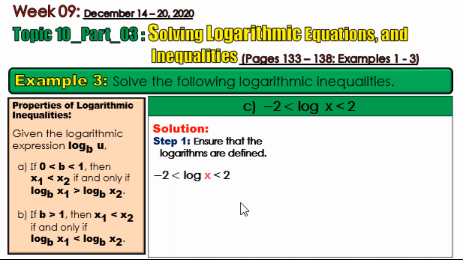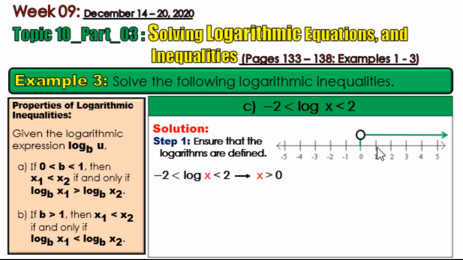It means that our x must be positive, or x must be greater than 0. So again, in your number line, this part are the values of x. 0 is not included since the value of x is always positive.